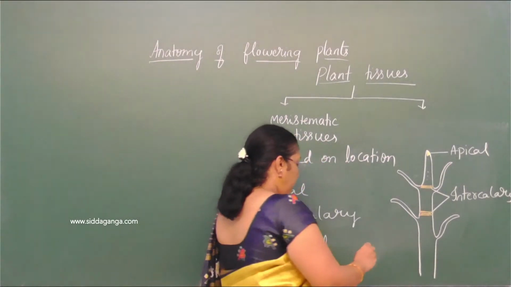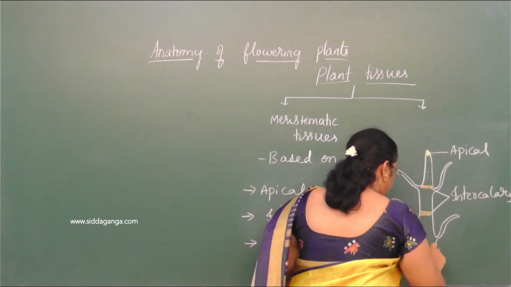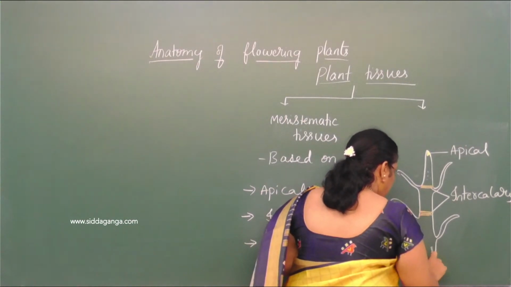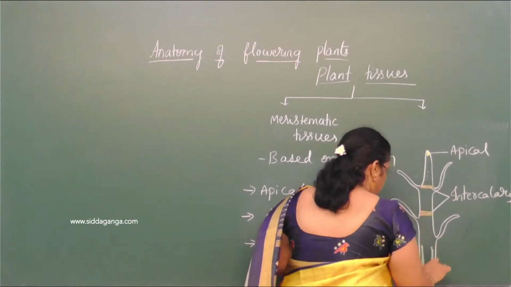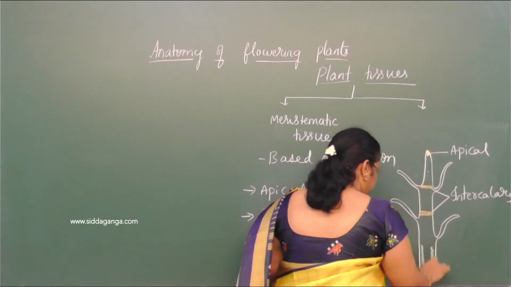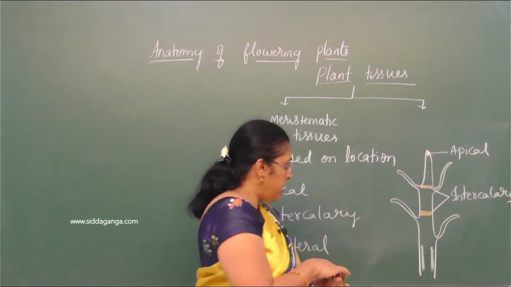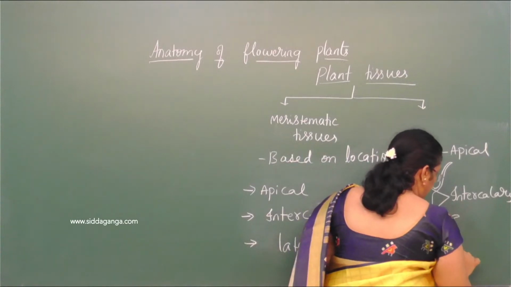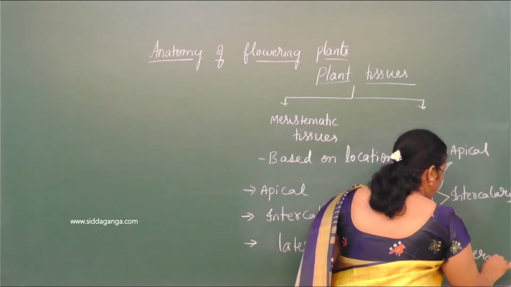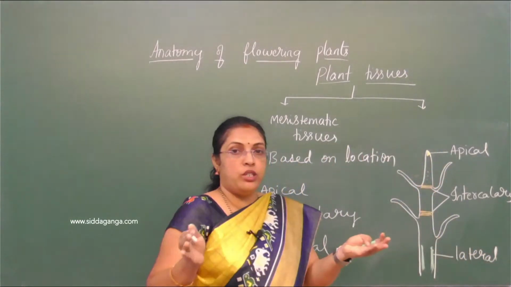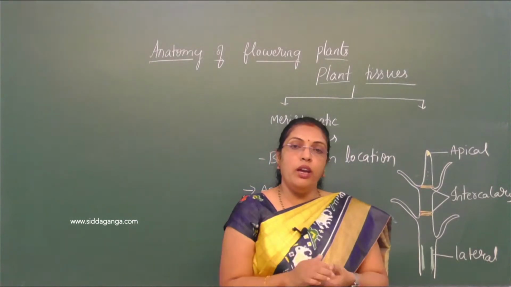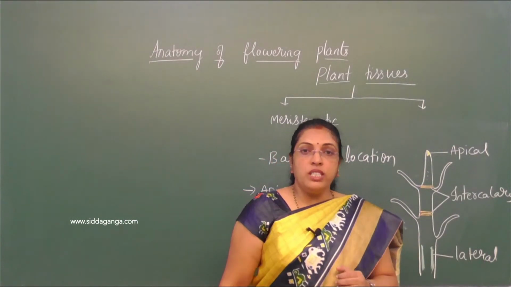Whereas lateral meristems are present at the lateral side of the stem. These lateral meristems help to increase the diameter or girth of a plant or trees.